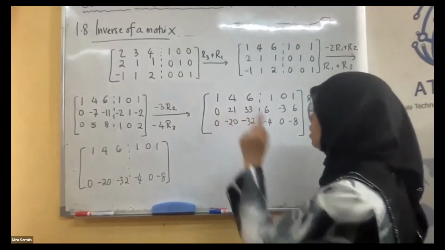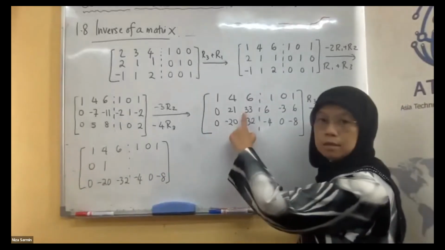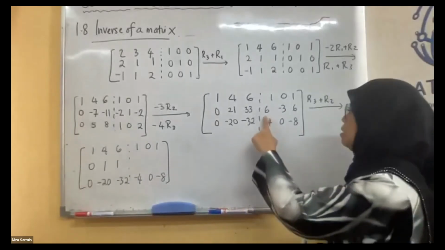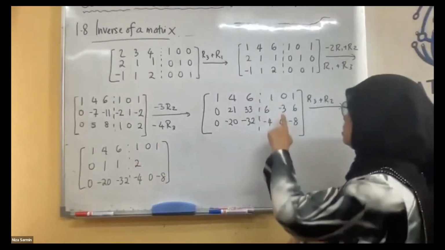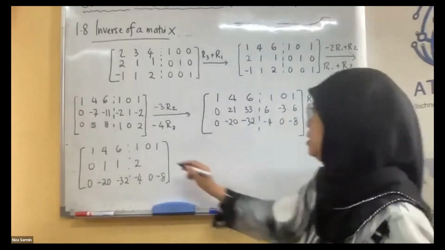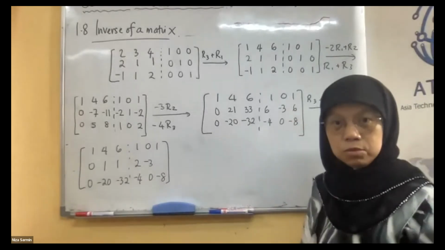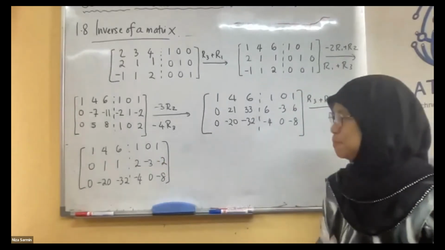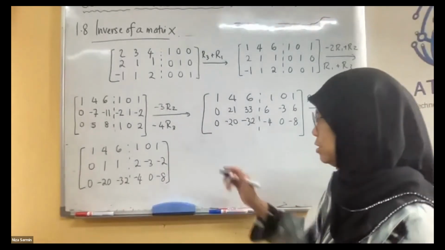This is 1. This is 1. This is 2. Negative 3. Negative 2. The number looks big, but later on it will reduce, yeah?